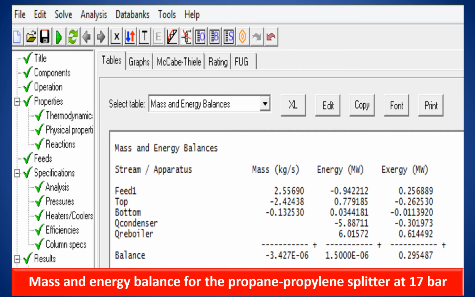This is a mass and energy balance for the propylene propane splitter at 17 bar. The reboiler duty is 6.015 megawatt and the condenser duty is 5.89 megawatt. There is considerable drop in reboiler and condenser duty compared to the column operation at 25 bar.